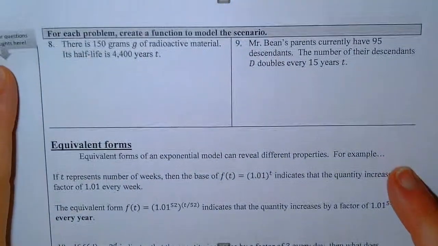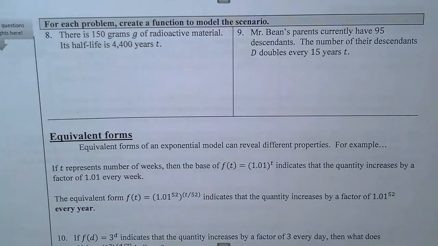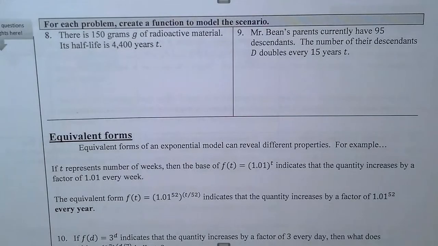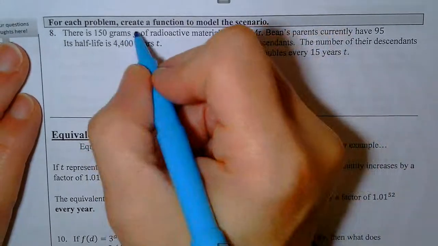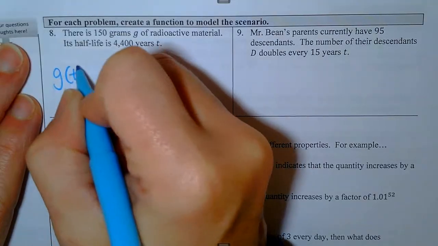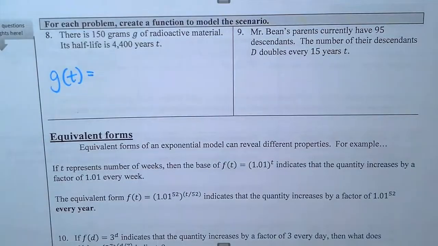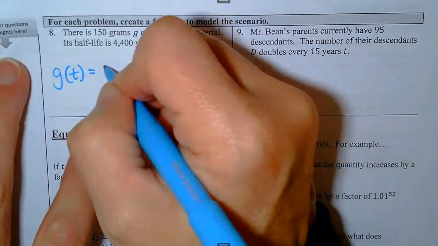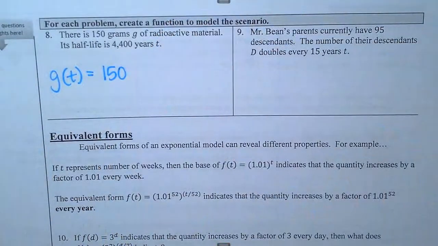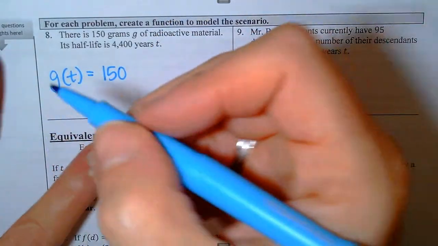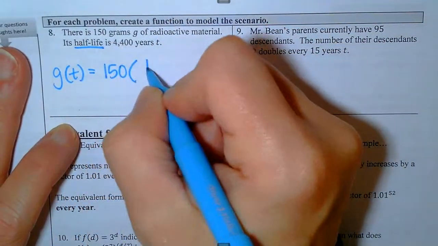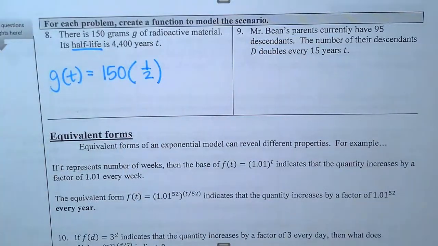Okay, so there is 150 grams of a radioactive material. Its half-life is 4,400 years. So to write the function, I'm going to have G of T. Now, I start with my initial value, so I have 150 grams of this. And it's a half-life, so that's where the 1/2 comes from.